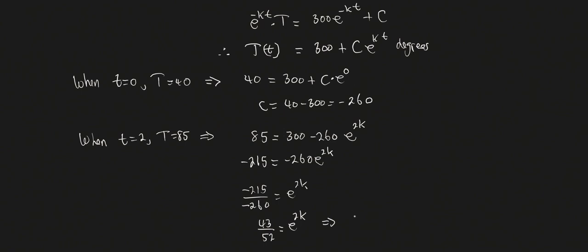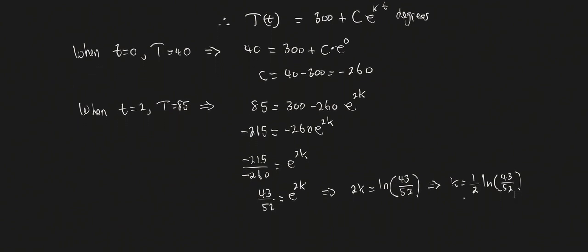So we'll have that 2k is the natural log of 43 over 52. Therefore, k is 1/2 the ln of 43 over 52. All right, so there we go.